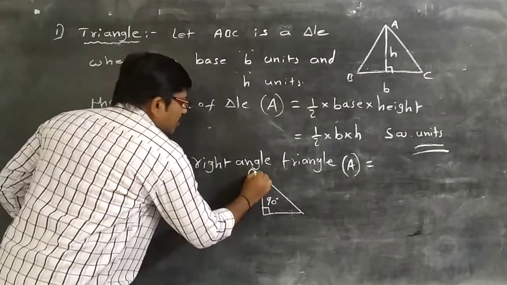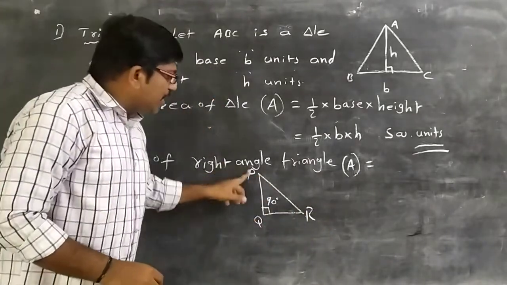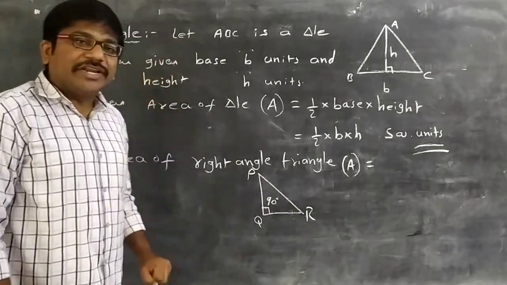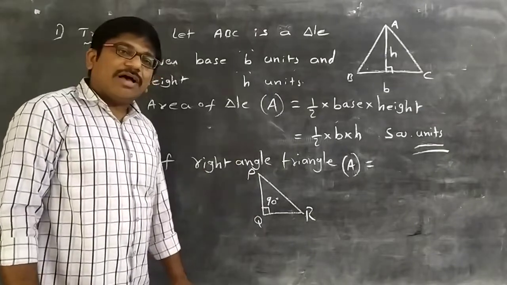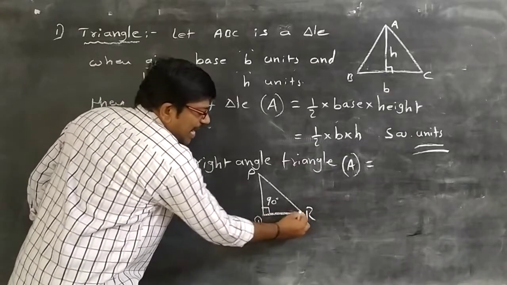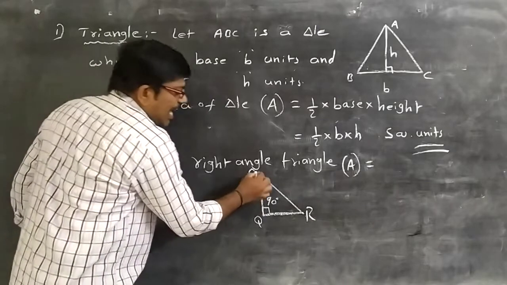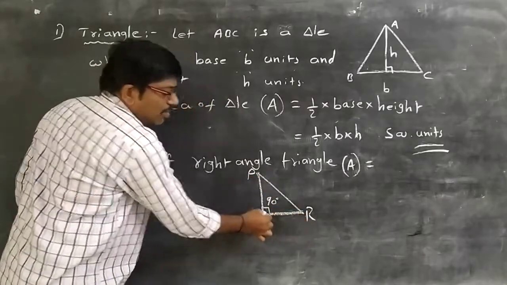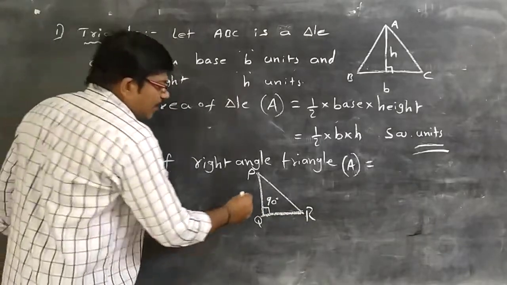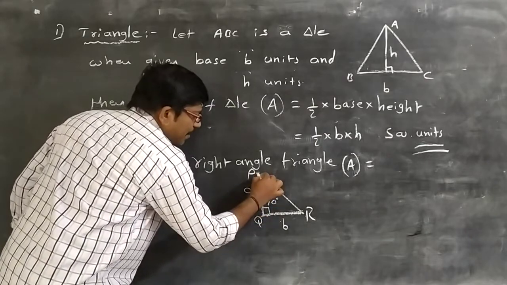Here PQR is a right angle triangle, in which angle Q is equal to 90 degrees. Then what is its area? Observe carefully. QR is taken as the base and PQ as the height. Height is always perpendicular to the base. These two sides are perpendicular sides. Suppose the base is B and the height is A, so A is PQ.